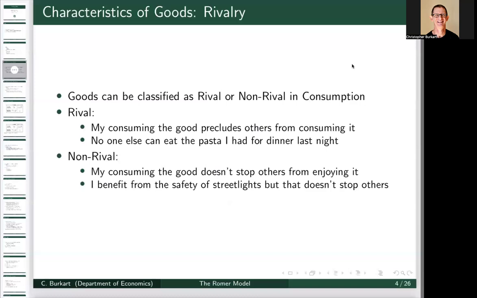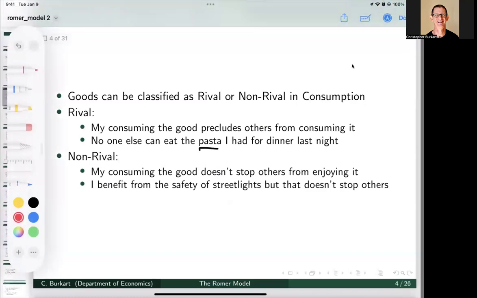So as an example here, if I had pasta for dinner last night, I ate it. It's gone. No one else gets to eat the same pasta. The converse of that, the non-rival good, is something where my consuming of it doesn't prevent anybody else from also consuming. I'm using consuming in a broad sense here, but my consuming doesn't stop others from consuming.